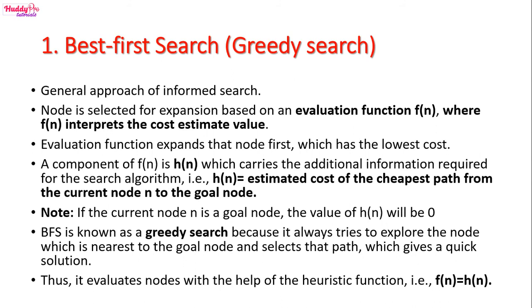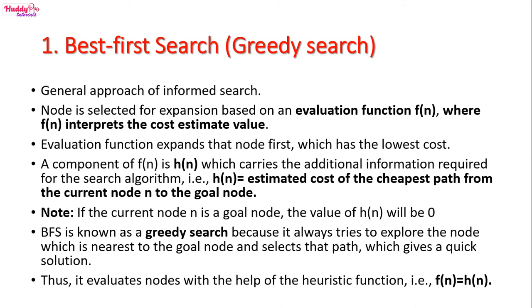Remember, this is not breadth first but best first. The best first search algorithm is also known as a greedy search because it will always try to explore the node which is nearest to the goal node and select that path which gives a quicker solution.